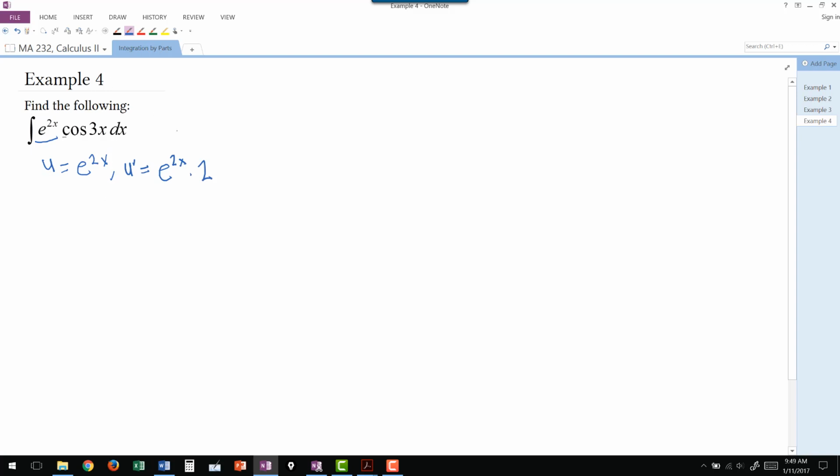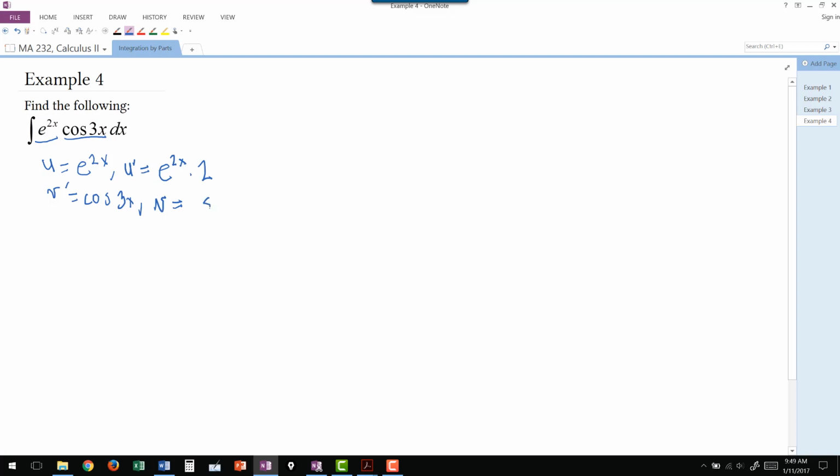So with that as my choice for u, my choice for v prime will be cosine of 3x, and so I need the antiderivative for cosine of 3x.